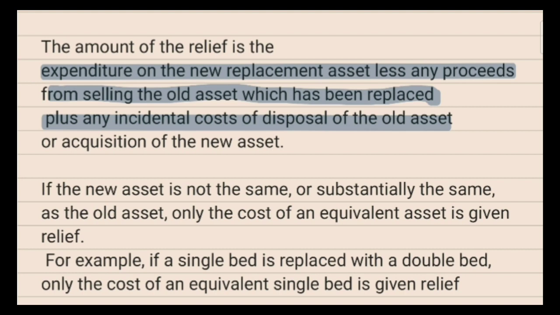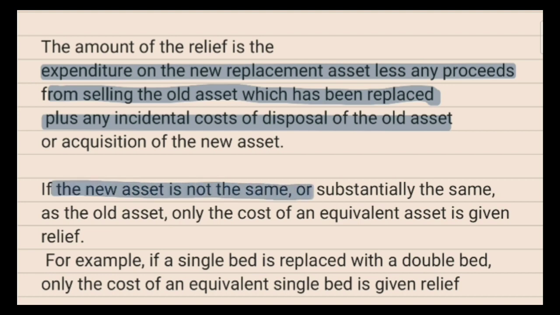You can simply say the net selling proceeds, क्योंकि सेल करने के हवाले से sometimes you have to incur some expenditures like advertisement and broker commission that would be deducted from the sale price to get the net selling proceeds. So net selling proceeds would be deducted from the cost of the new asset and it is allowed then as allowable expense.